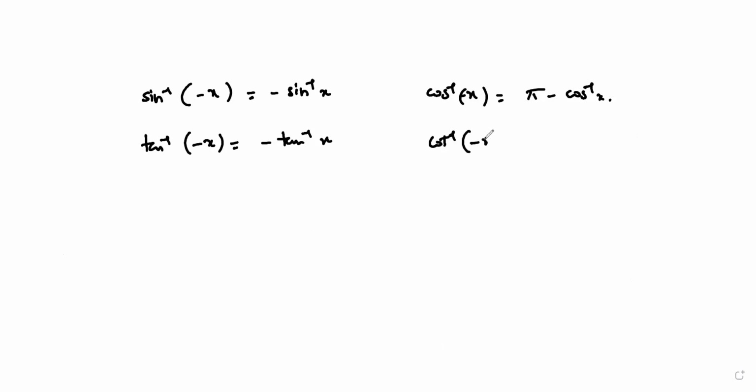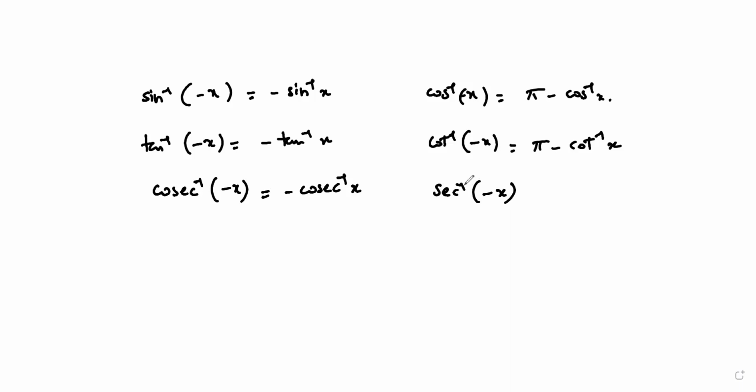Cot inverse of minus x is equal to pi minus cot inverse x. Cosecant inverse of minus x is equal to minus cosecant inverse x. Secant inverse of minus x is equal to pi minus secant inverse x.